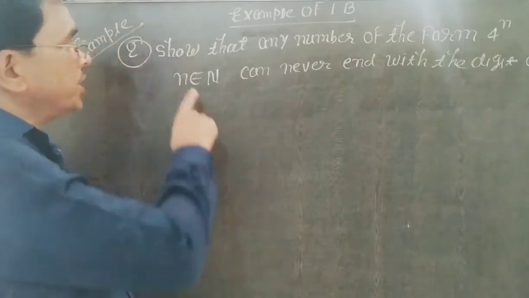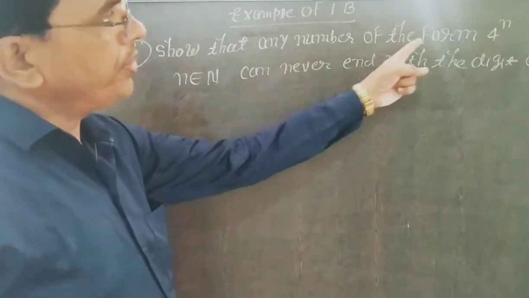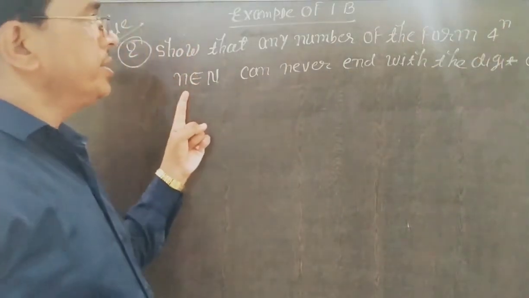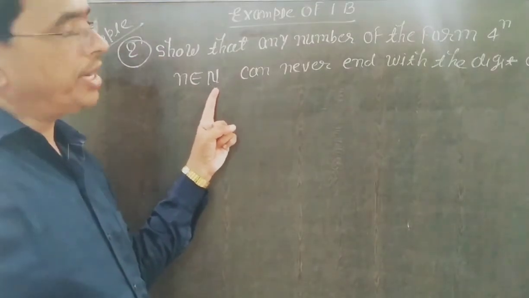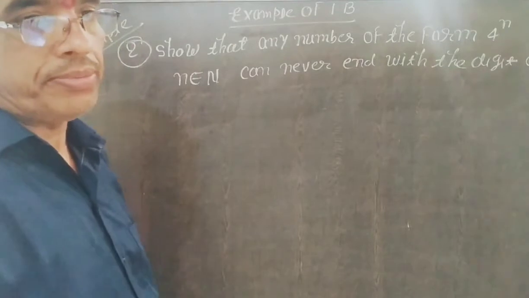Now the second question: show that any number of the form 4 to the power n, where n belongs to capital N, can never end with the digit 0.